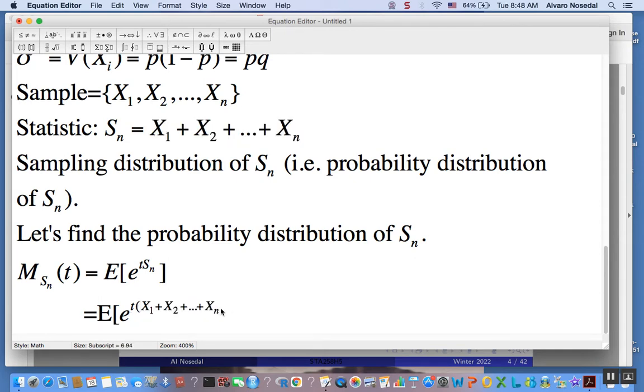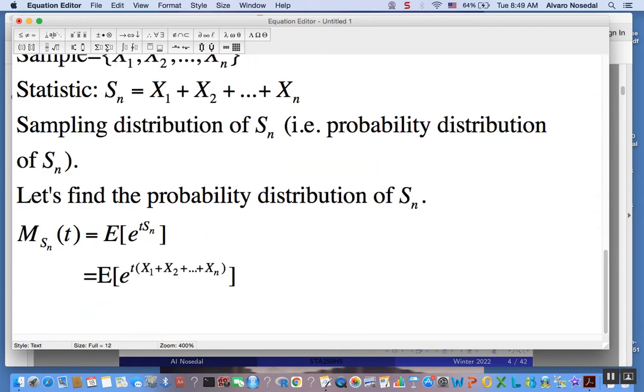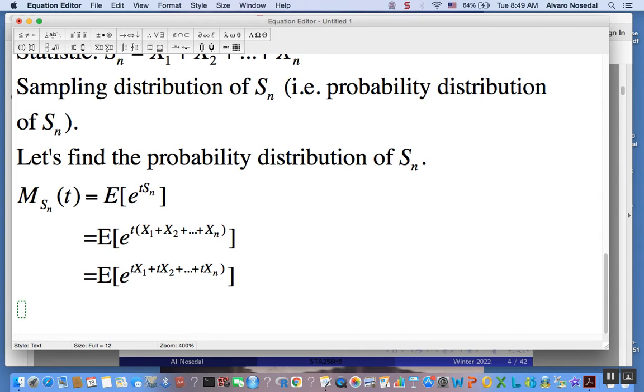Agreed? Now let's do a little bit of algebra. That is equivalent to e to the power (t times x1 plus t times x2 plus dot dot dot plus t times xn).